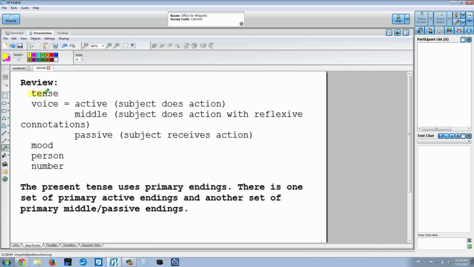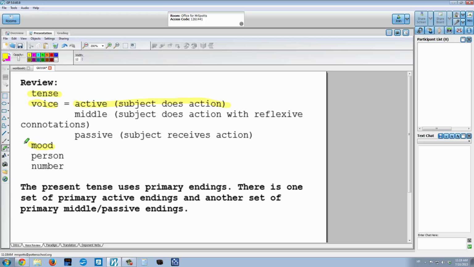All right, well, in verbs, I just want to review the fact that we look at 5 different characteristics. Characteristic number 1 was tense, and right now we're in the present tense. Characteristic number 2 is voice, and so far what we've used is the active voice where the subject does the action. The third characteristic was mood. As you recall, that shows whether something is real or mandatory or potential or possible.